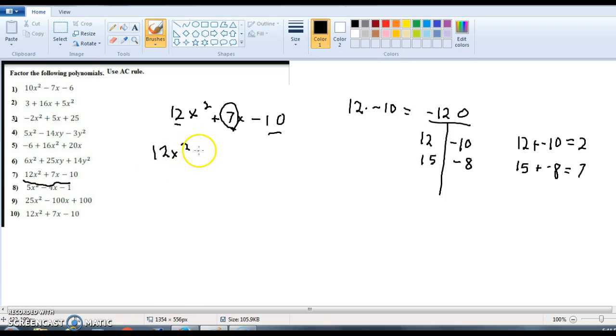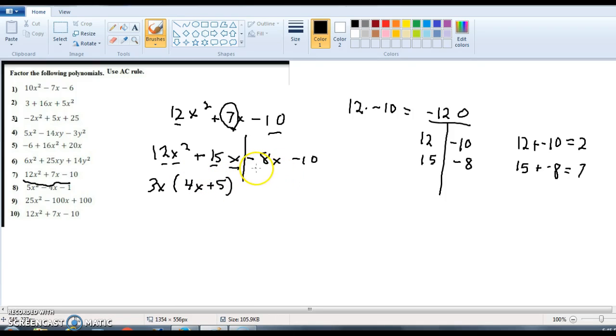So now I'm going to rewrite 7x as 15x minus 8x. Now I'm going to split it and factor by grouping. There's an x in common here. There's also 12 and 15 have 3 as a common factor. So 3x is my common factor for the first two terms, and that leaves 4x plus 5.